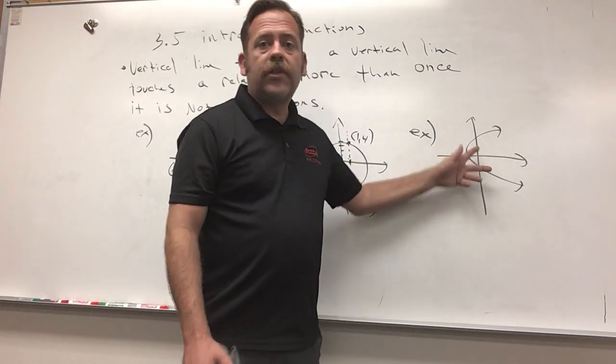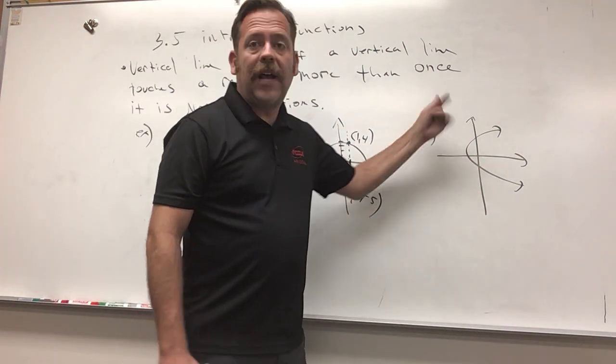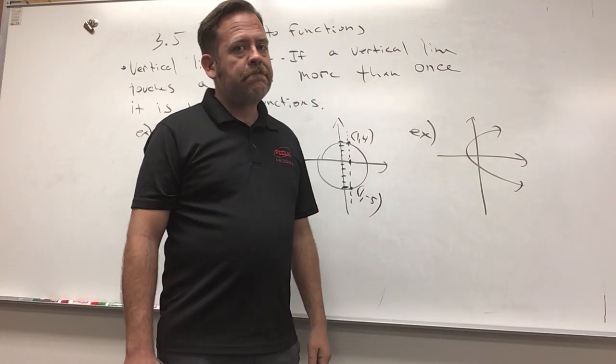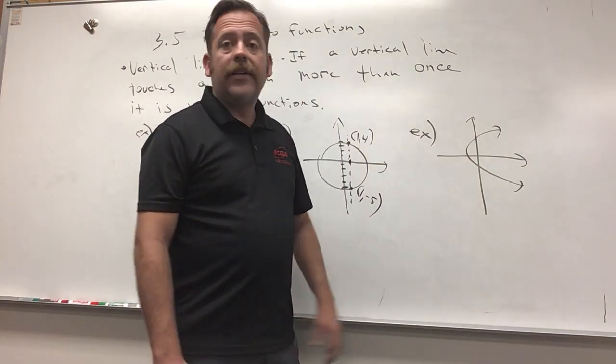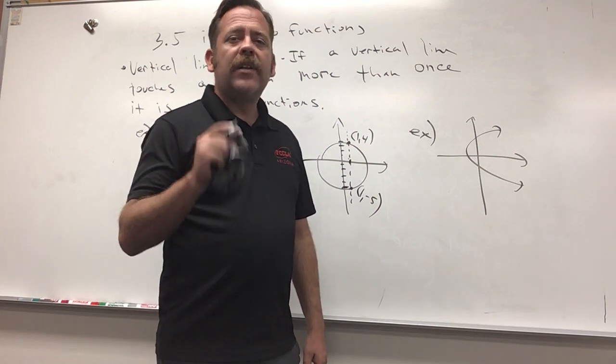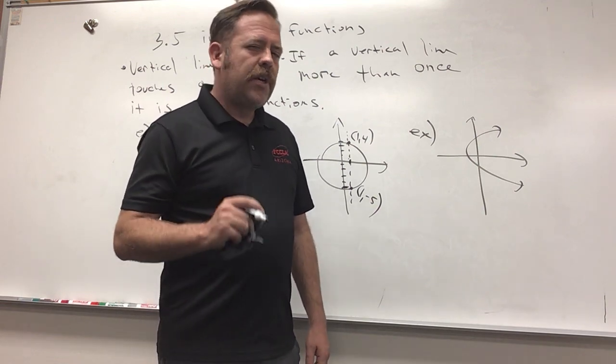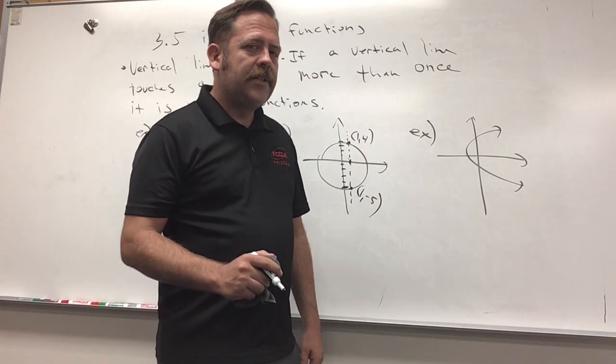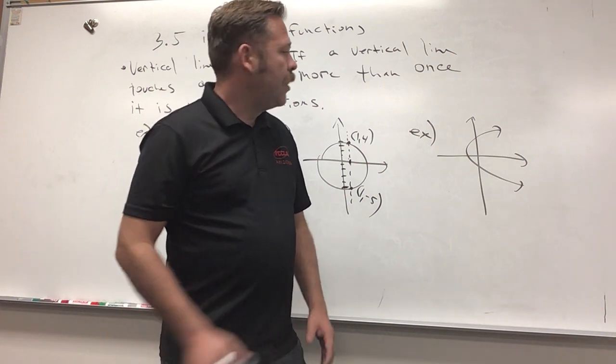So, does this one here pass the vertical line test, this sideways parabola looking thing? It doesn't. Is it a function? No. What's the reason that it's not a function? And don't tell me because it passes the vertical line test, it gets me real fired up.